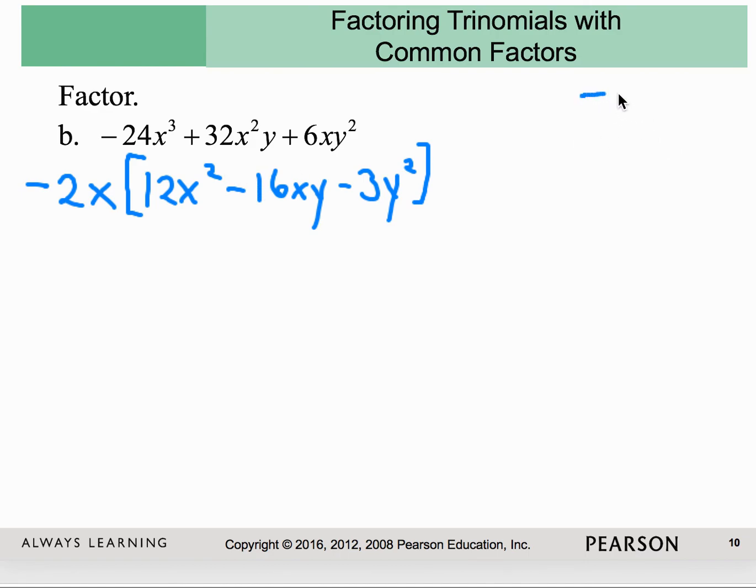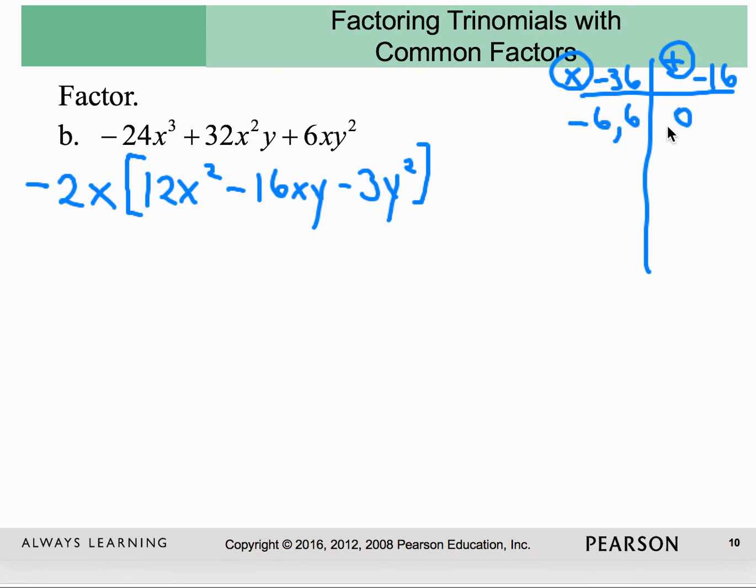I need to find two numbers that multiply and give me negative 36, but add to give me negative 16. Okay, so again, my first thought is negative 6 times 6, but that's 0. But once I get a couple of factors, and I could have done 12 and 3, right? Right here, 12 and 3. But once I get a couple of factors, I can change that to 2 times 3 times 2 times 3.